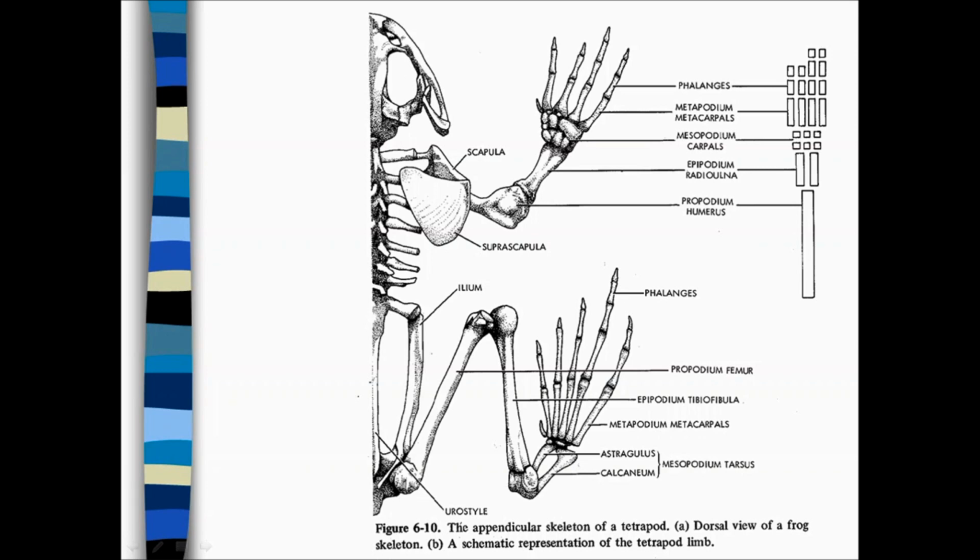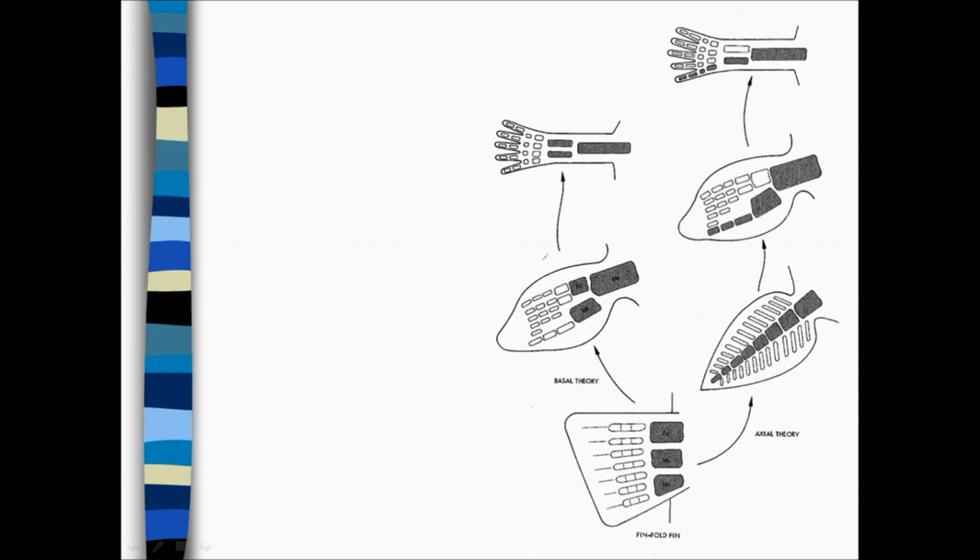So notice this skeleton, right? It's a pretty robust skeleton, and that's the situation that you see in most vertebrates. Here is the other avenue for the evolution of limbs. We had talked about the fin fold theory. That's the idea that you have here, and going along that direction.